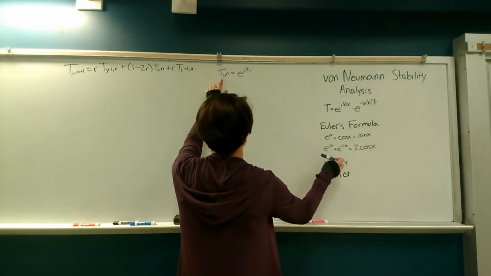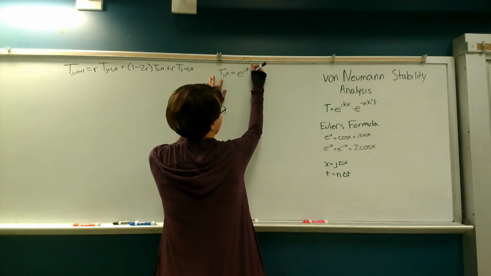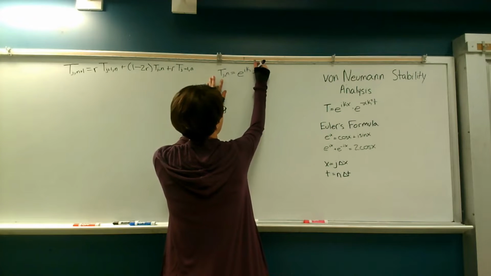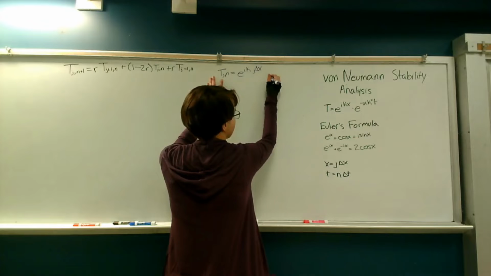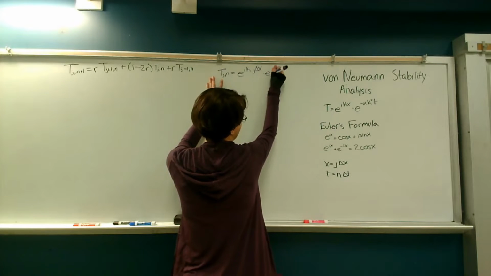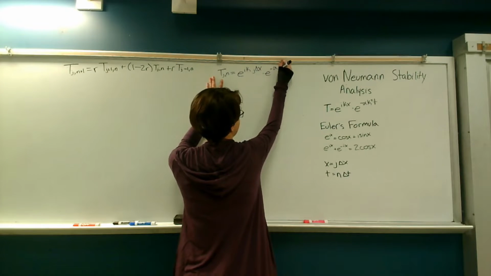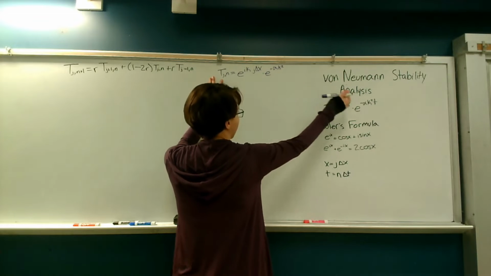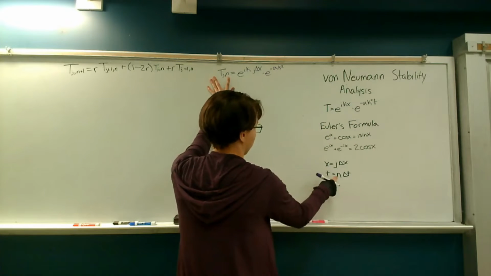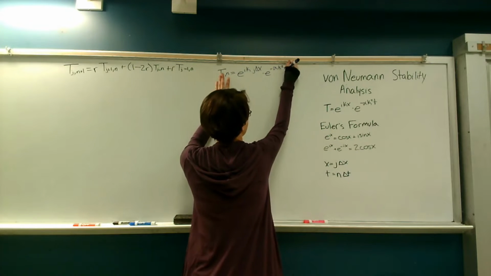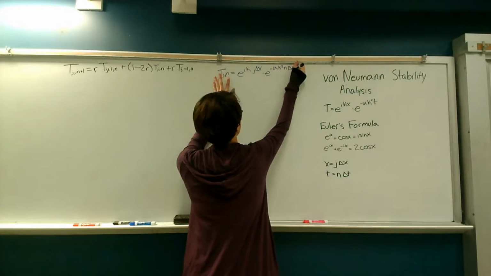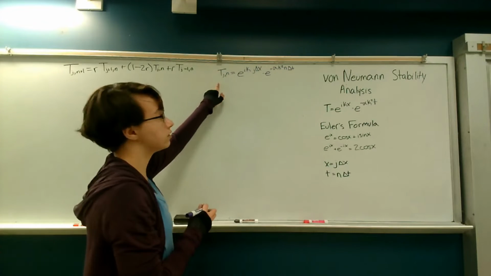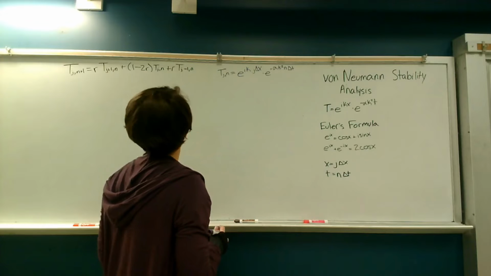So j is just j. So times j delta x, and times e to the negative alpha k squared times the time, which is n times delta t. Alright, so this is T at j at n.